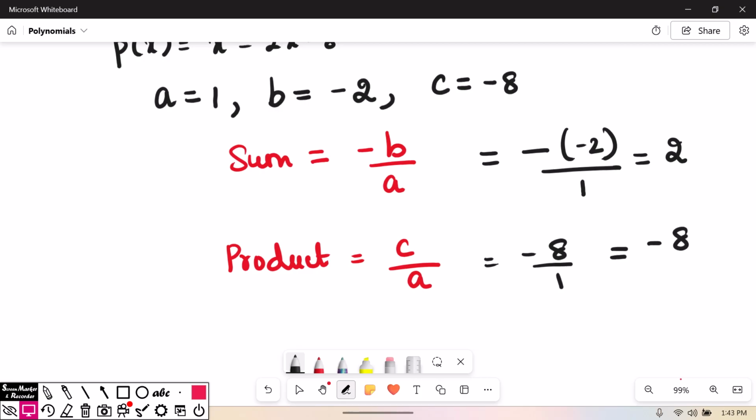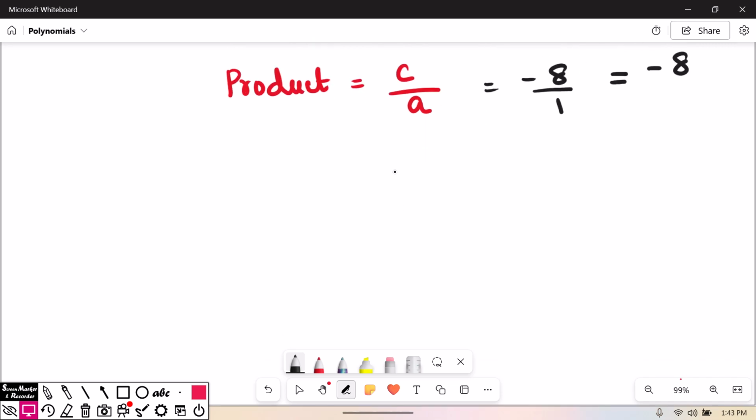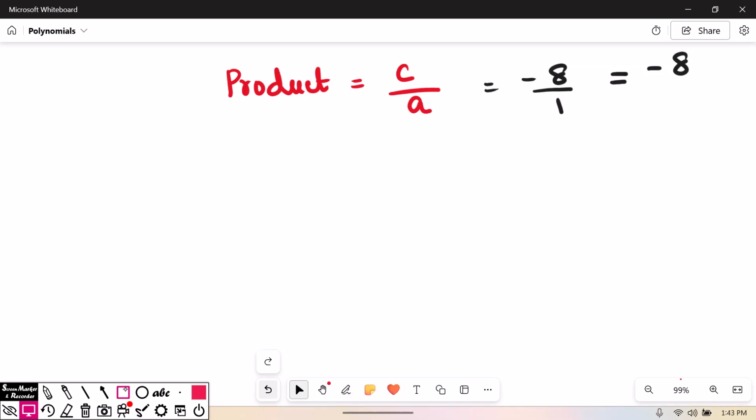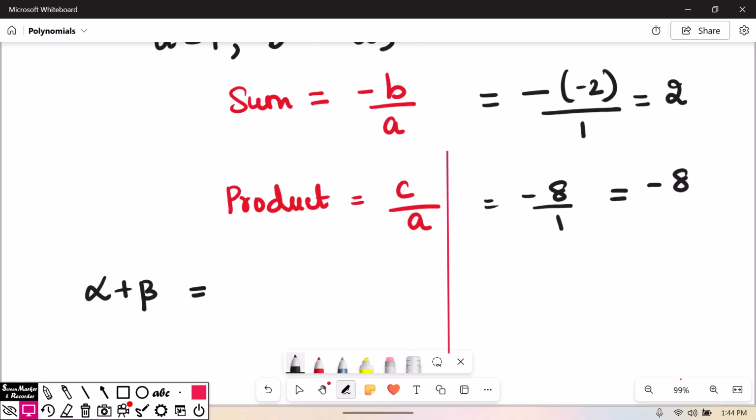Okay. So now with this, we are going to verify our sum and product. You know the value of alpha plus beta, right? So we consider alpha plus beta, find the sum, and check if it's equal to the sum of the zeros.